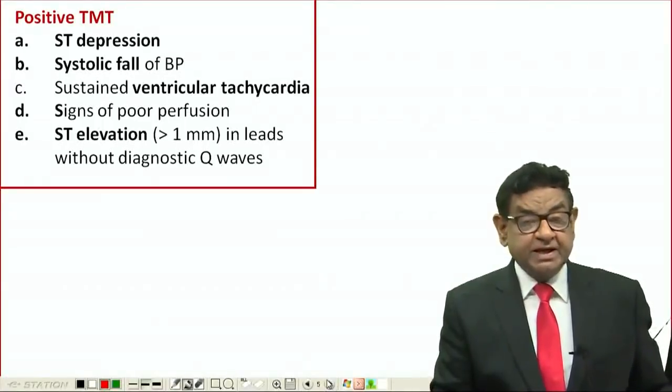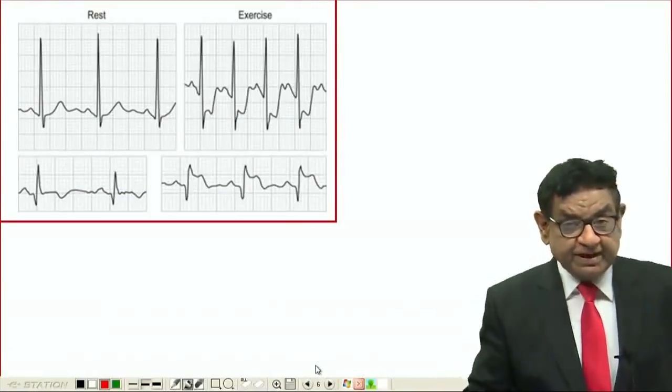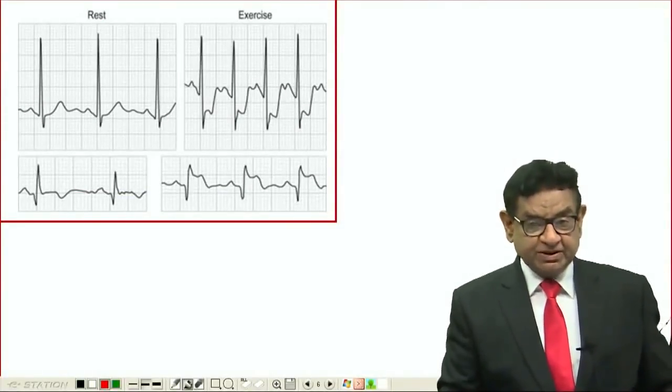So these are the criteria of a positive TMT. Of course, there are some conditions where we may get false positive or false negative. I'll discuss that very shortly.